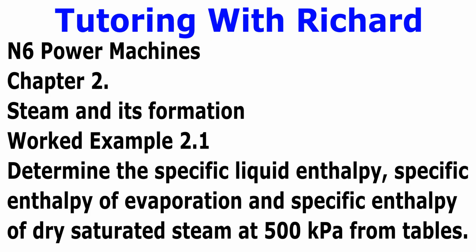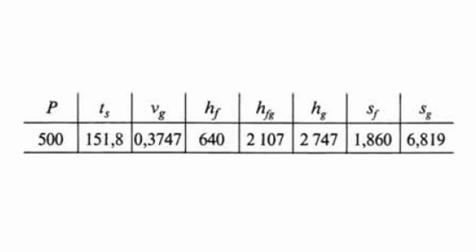Question 2.1 states, determine the specific liquid enthalpy, specific enthalpy of evaporation and specific enthalpy of dry saturated steam at 500 kPa from the tables. So A, we are looking for HF. HF at 500 kPa is 640.